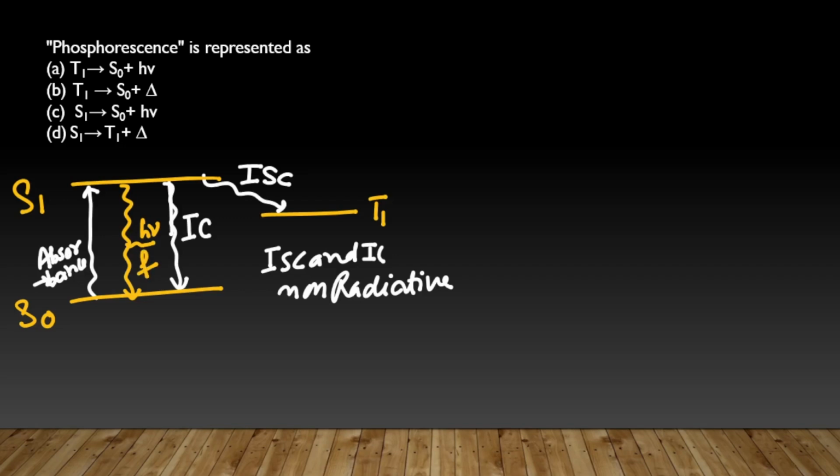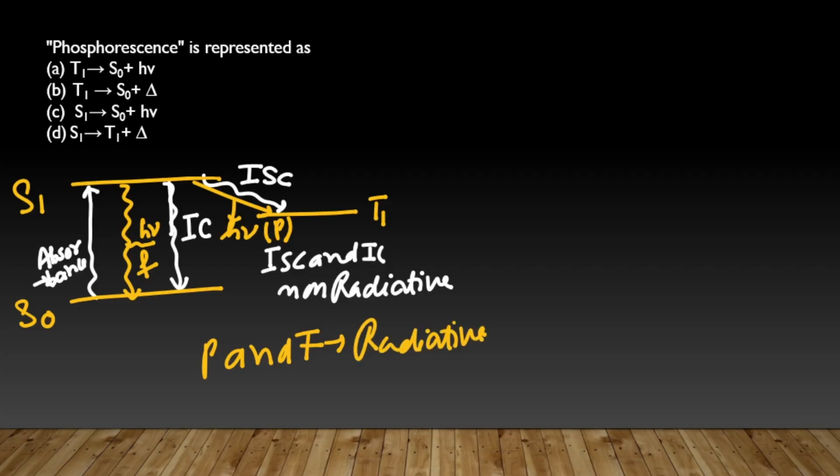Whereas if the particle is going from S1 to T1, so the state change is there with the emission of some light, h nu, that is called phosphorescence. So phosphorescence and fluorescence, these both are radiative processes. So in phosphorescence, the particle is returning from S1 to state T1 along with the release of some light. Okay, so that is represented in option E.